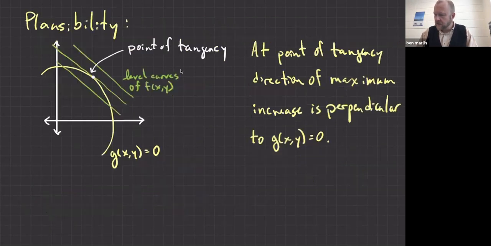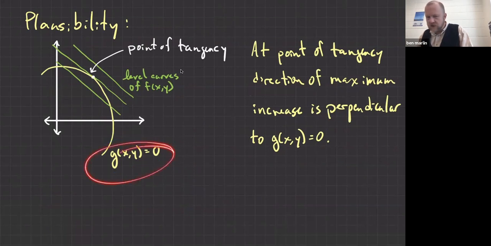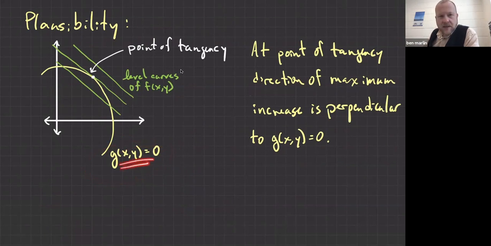So graphically, here's the thing that we might think about. I've got a constraint here that's something like g of x, y equals 0. Maybe it's x squared plus y squared equals 1. That's what's important here, that it's some kind of a constraint.